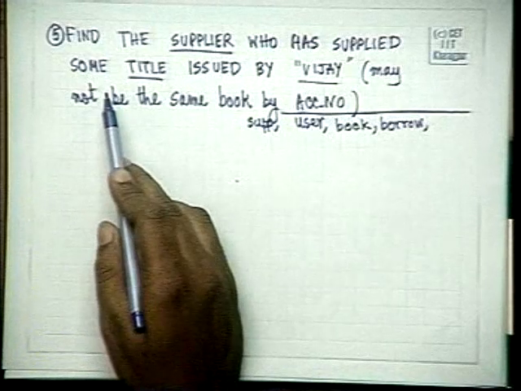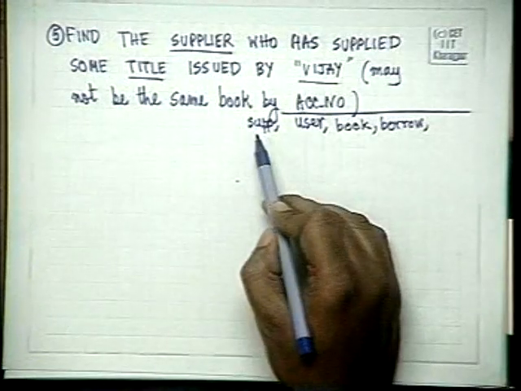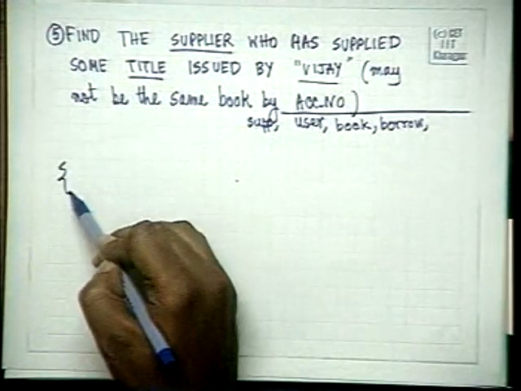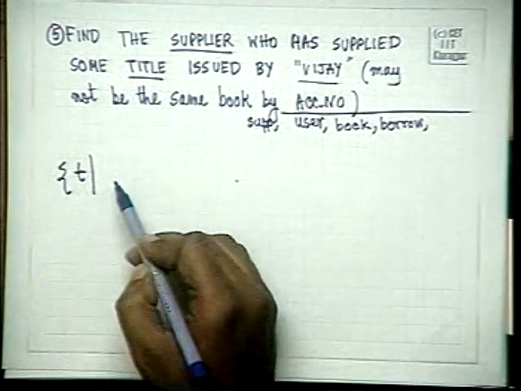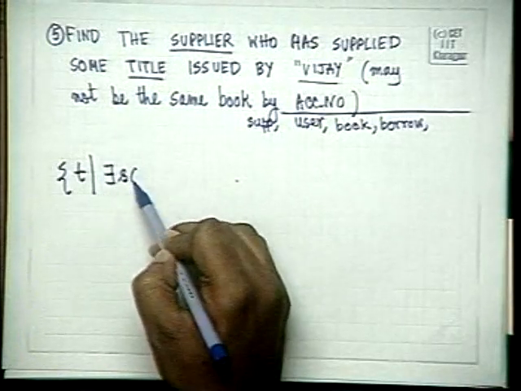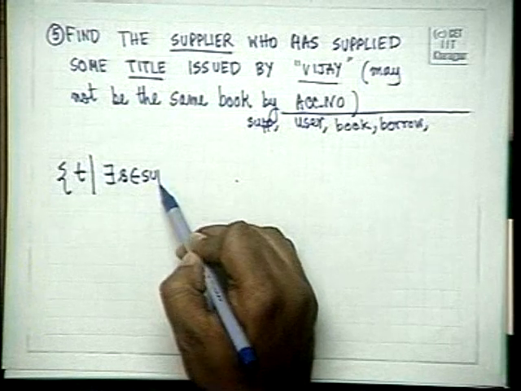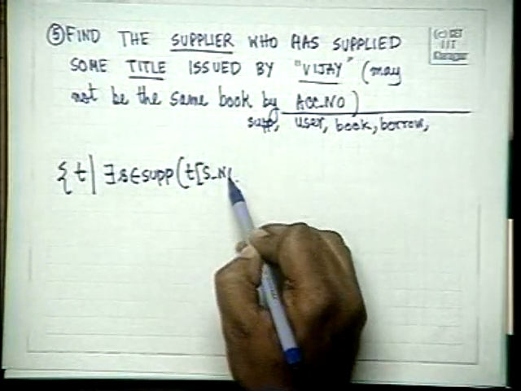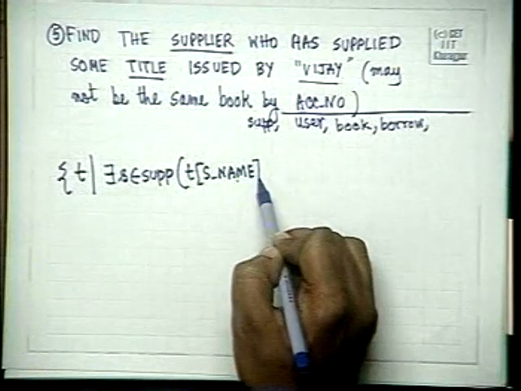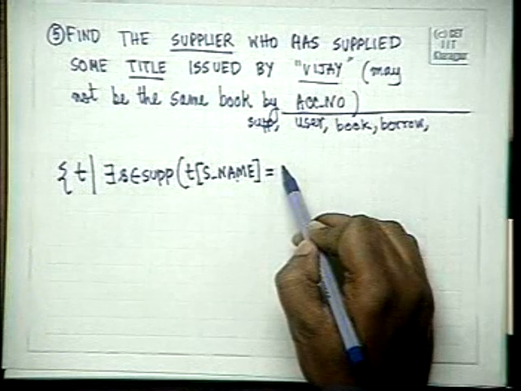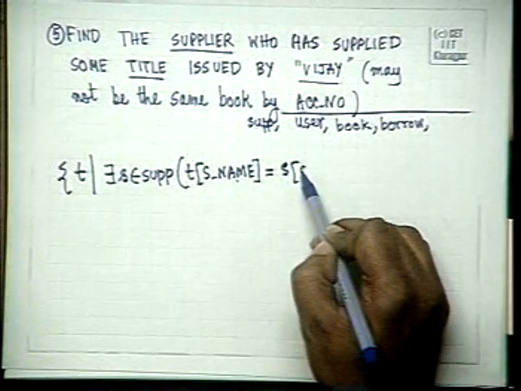So this one you will have to use the supplier, the book, so it will be T, there exists S element of SUPP, T of S name is equal to S of S name.